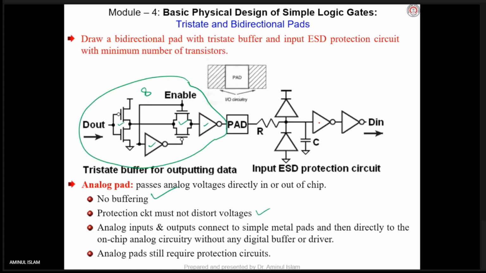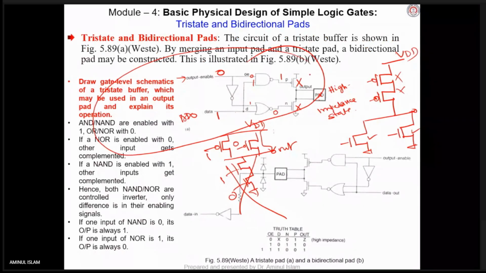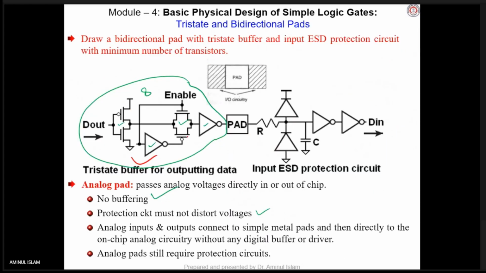Now bidirectional things, this input pad and output pad. Instead of this circuit, this is also an alternative tri-state buffer. So out is going to go here, and you have the enable signal here. This is a transmission gate, TG.